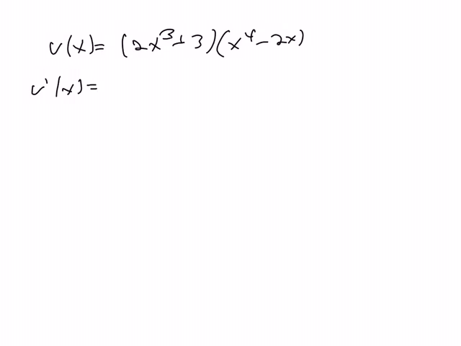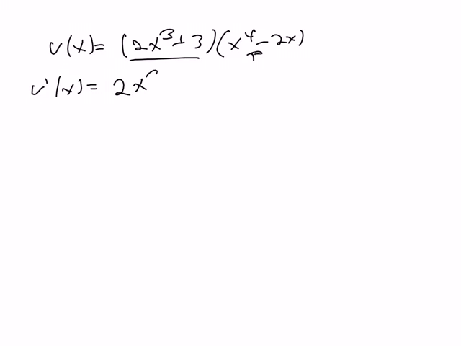Next problem. So the next problem that I'm going to do is problem 23, which says v of x is equal to 2x to the third power plus 3 times x to the fourth power minus 2x. We're going to use the product rule for this one. So v prime of x is equal, so we're going to keep this the same and take the derivative of that.